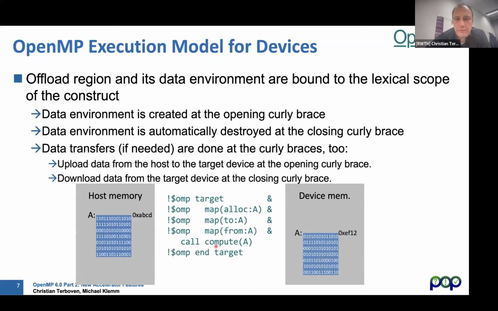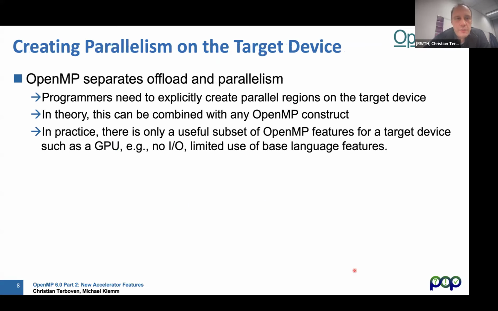So this review is meant to make sure that we are all on the same wording. And at the end of this kernel here, the data environment on the device is being destroyed, meaning all data is being removed. So let me emphasize this.